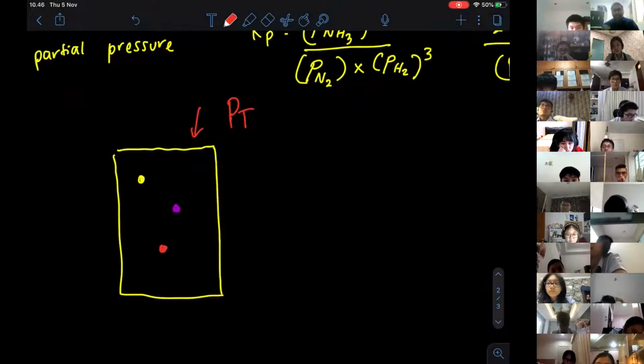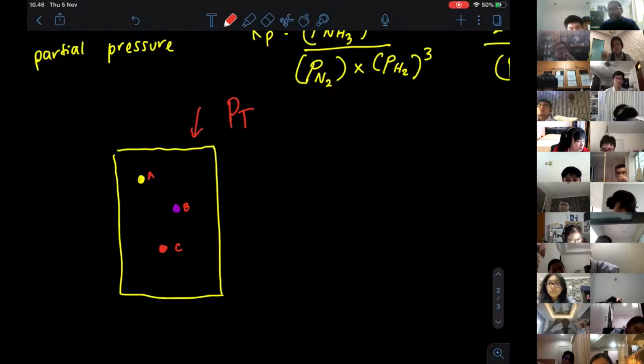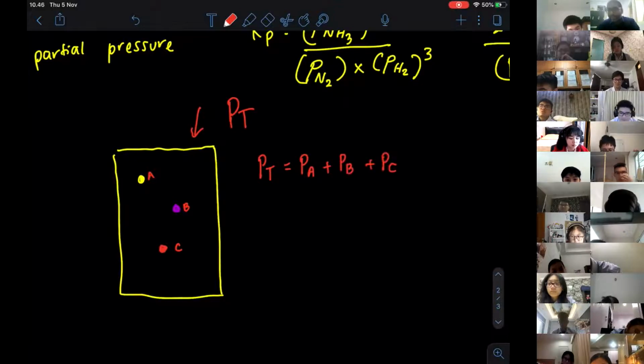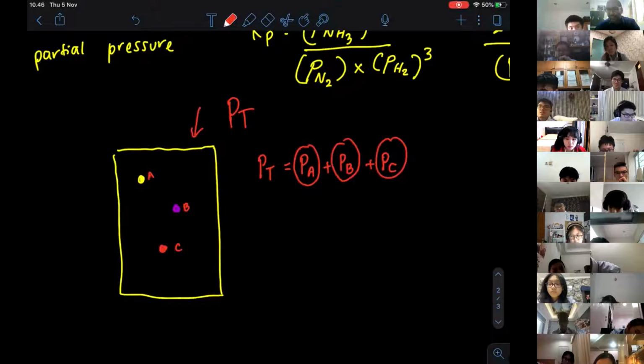Now, there are no other particles inside the container other than, let's say I name this A, this is B, this is C. So all the pressure is only contributed by A, B, and C. So it means I can just say the total pressure is contributed by pressure of A plus pressure of B plus pressure of C. And this is what we call partial pressure.